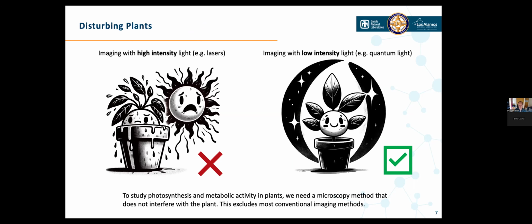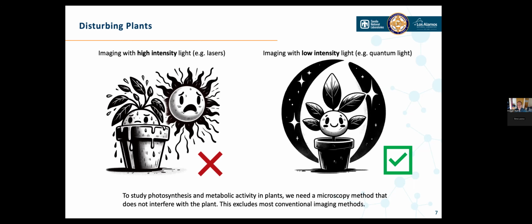What we're really interested in doing is trying to prevent that from happening. And this is the difference of looking at a plant that might be exposed to lasers at very high intensities. It's going to react. If somebody shines a laser pointer in your eye, you're going to flinch. And if you imagine the same sort of processes are going on in a plant, you better believe that they can happen.